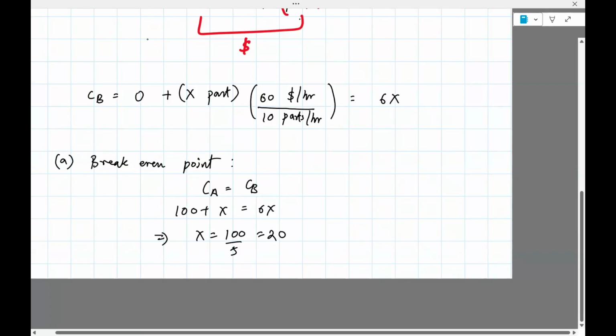So at 20 parts, the cost of A equals the cost of B. That's where we break even. Again, probably a better way of understanding this relation is through a plot. So I'm going to try to make a plot of cost of A as a function of parts made and cost of B as a function of parts made, and probably that will be more illustrative of what that 20 really means. So let's do that next.